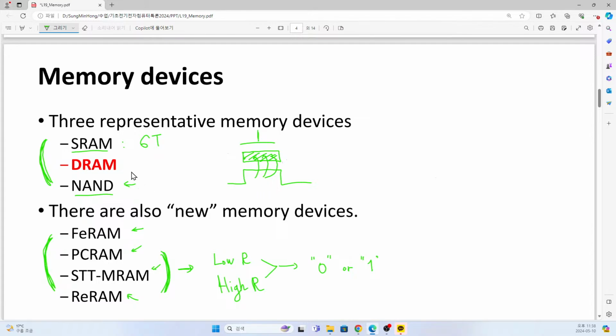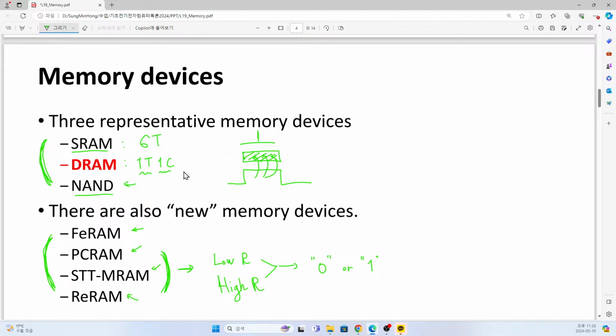And finally, we talked about DRAM. This has only one transistor and one capacitor, and in order to maximize area efficiency, both the capacitor and transistor have evolved quite a lot.